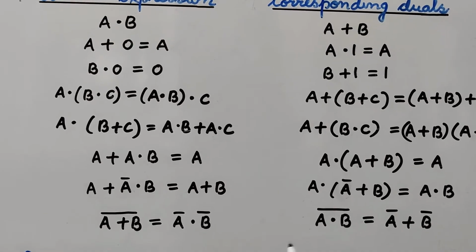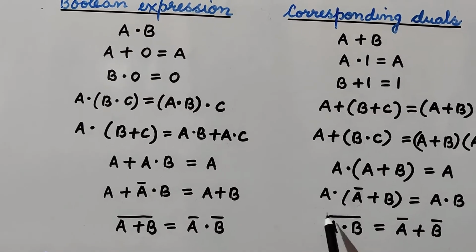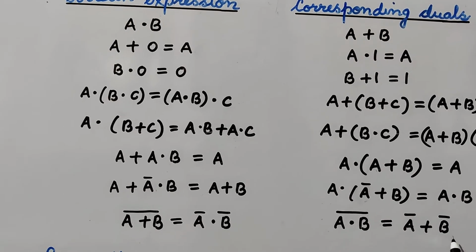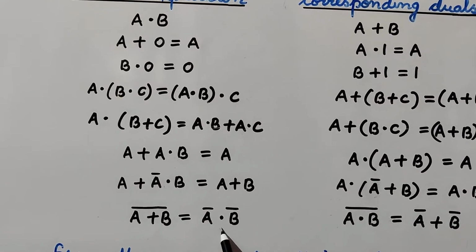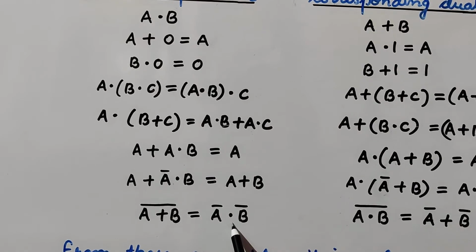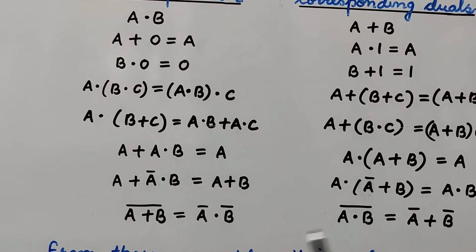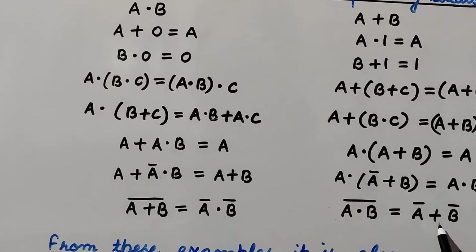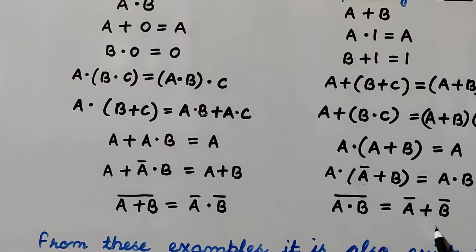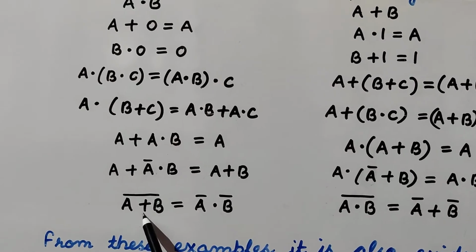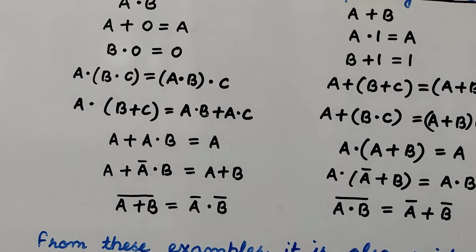So its dual will be A dot B complement will be equal to A complement plus B complement, because here there is a dot, so we'll replace this dot by plus. That is, we are replacing the AND operation by OR operation. And here we are replacing the OR operation by AND operation.